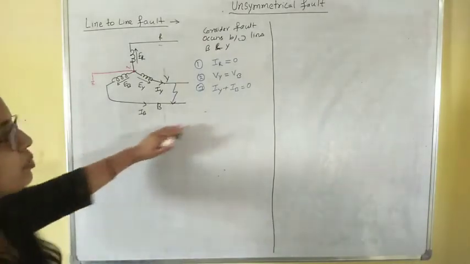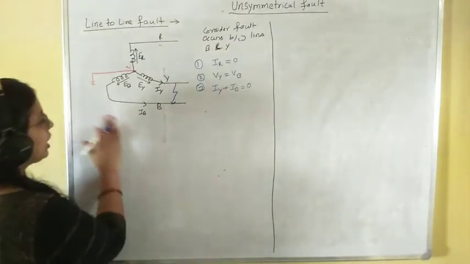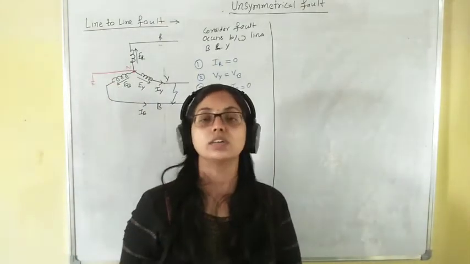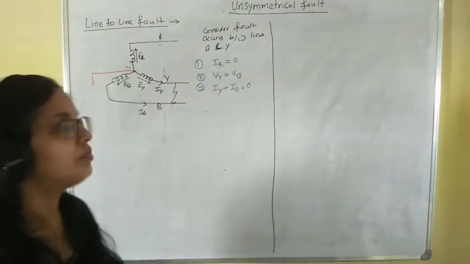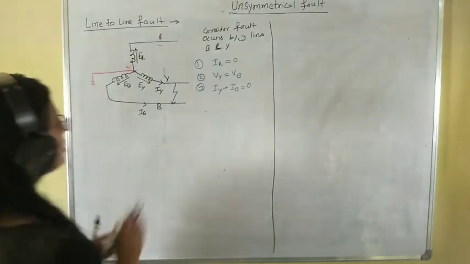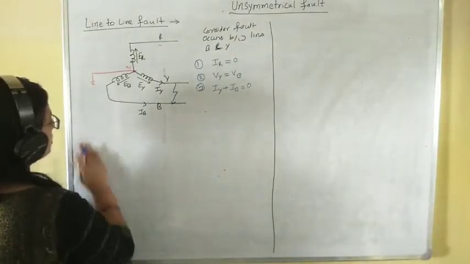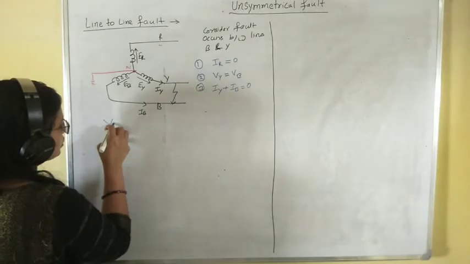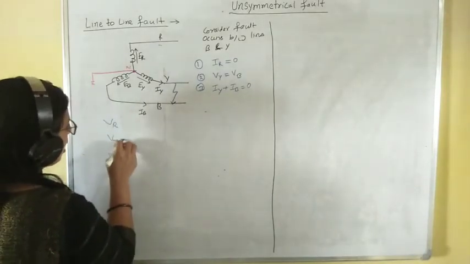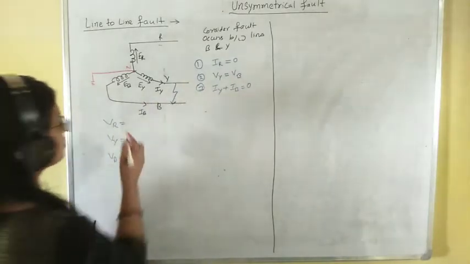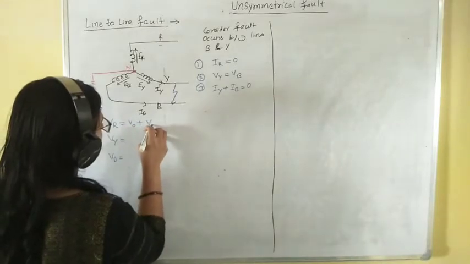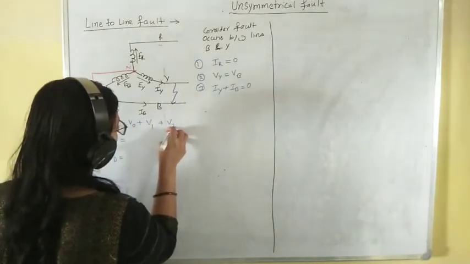Now how will we proceed further? We know that any unbalanced voltage or current can be represented in terms of sequence voltages or currents, which are balanced. If it is the VR phase, Vy phase, Vb phase, how is it represented in terms of sequence voltages? It is V0 plus V1 plus V2.